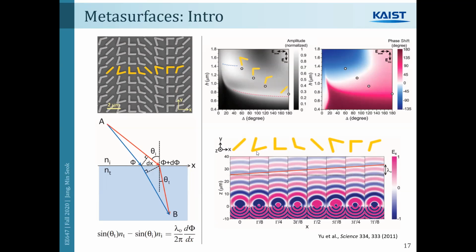And you see here, you have a chevron type of metallic structure, and depending on their angle, you can see the reflected light has different phase while it has the same amplitude, right? So even though this chevron itself is extremely thin, it gives a large variation of phase so that it can be used in many applications.